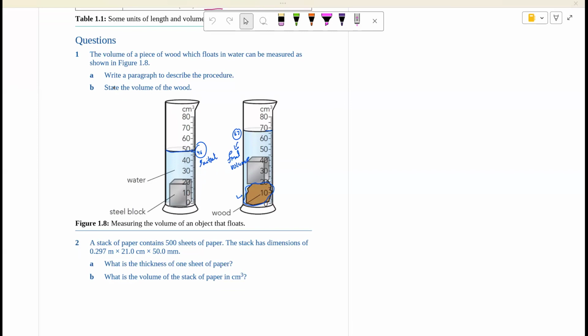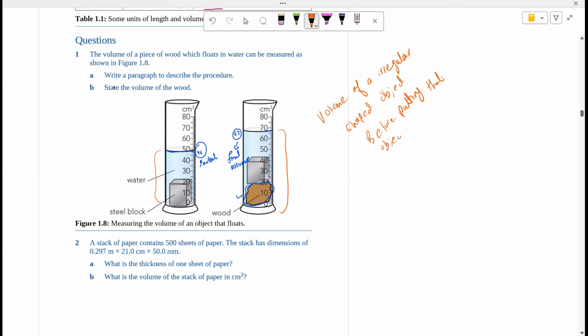In order to find out the volume, we go for कि हम फाइनल वॉल्यूम कैलकुलेट करेंगे। We'll subtract it from the initial volume. Always remember, whenever we're finding the volume of an irregular shaped object, before putting that object, the volume will be considered as the initial volume.